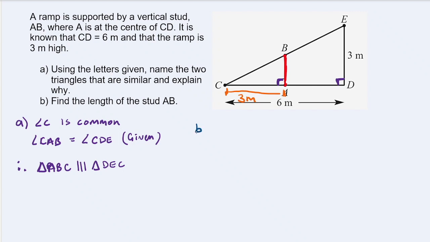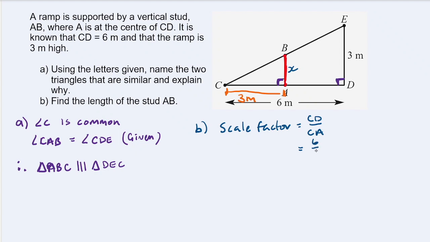Let's look at B. We want to find the length of the stud AB. So we want this size in here. First thing we need is scale factor. We know that CA is 3 meters and CD is 6 meters. So scale factor is going to be CD over CA.